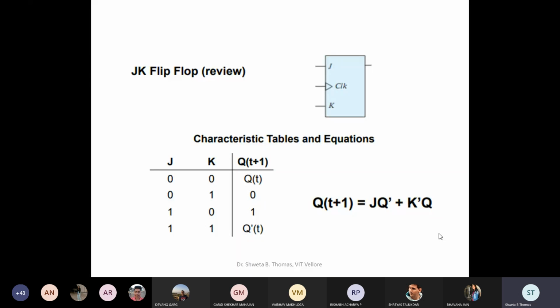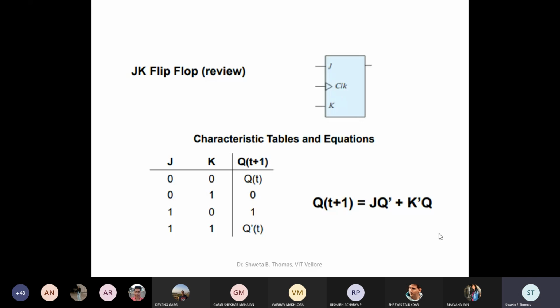If J is 0, next state is 0. If J is 1, next state is 1. For both JK equal to 0, 0, Qt plus 1 is equal to Qt, that is present state. If both JK is 1, 1, then Qt plus 1 will be equal to Qt complement. Okay, so this thing should be known to you.